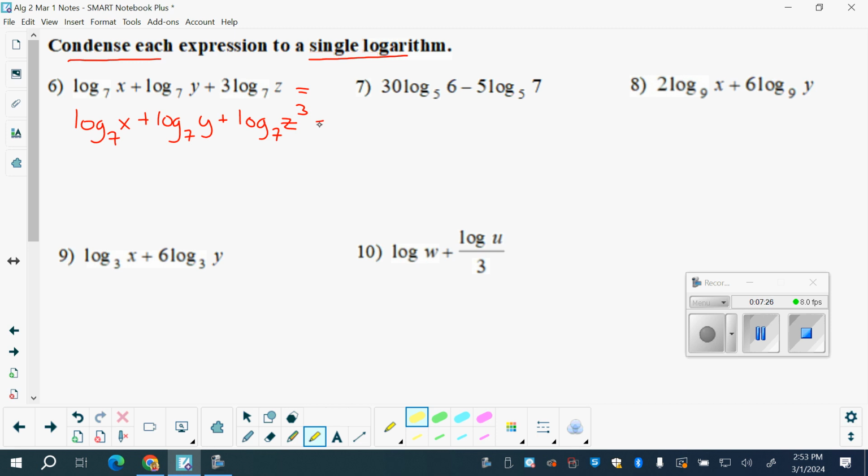So this is all addition. So addition is what operation? Addition, multiplication. So we're going to make this x, y, z to the 3rd. Does that make sense?